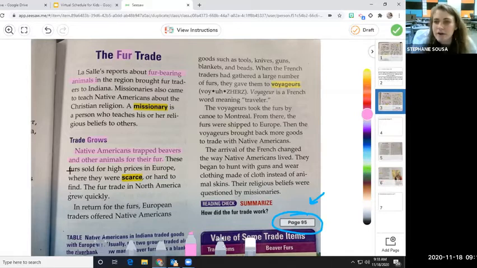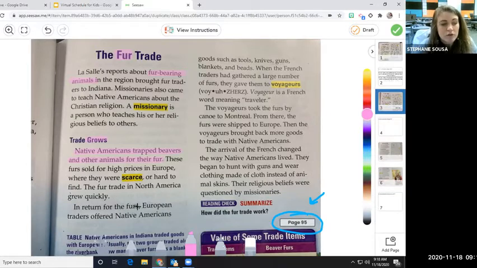These furs, look, there it is again, sold for high prices in Europe, where they were scarce or hard to find. So these animals were difficult to find in Europe, where these settlers came from. The fur trade, oh my gosh, there's the word fur again. The fur trade in North America grew quickly.